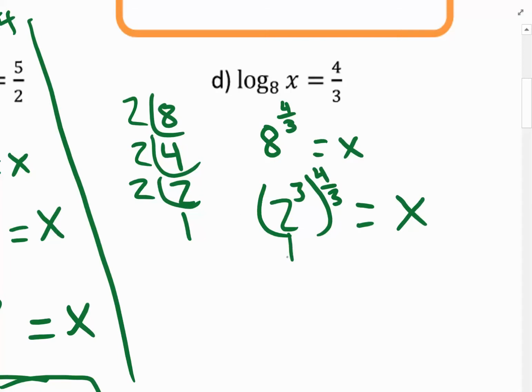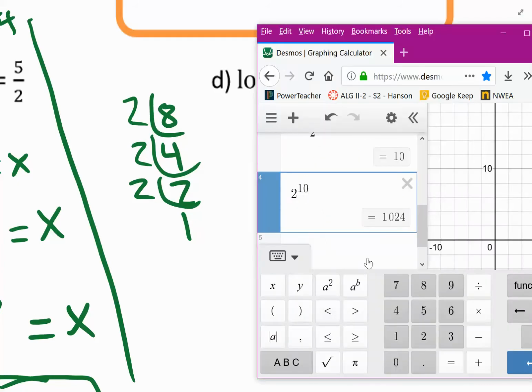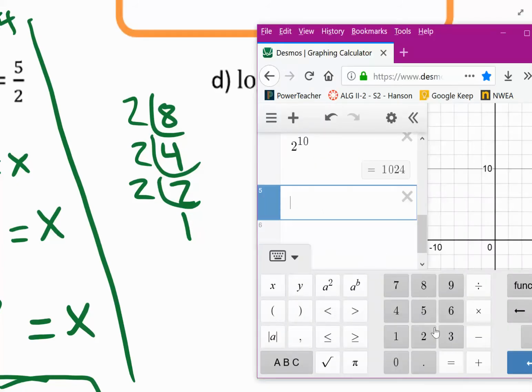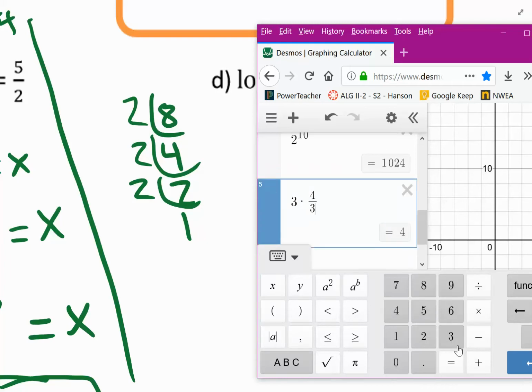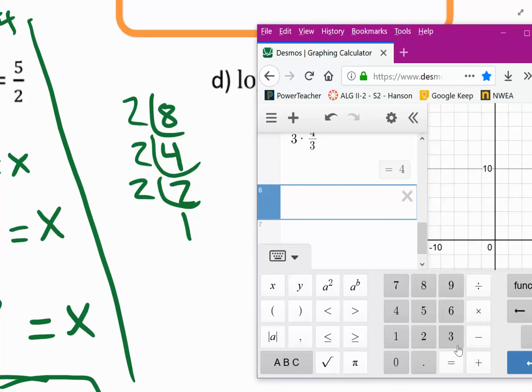Now you just bring down that base 2 and multiply the exponents. I bet you can already tell that the 3's cancel and we just get 4, but I'll show putting it in the calculator anyway. 3 times 4/3. Enter. So it's 4.